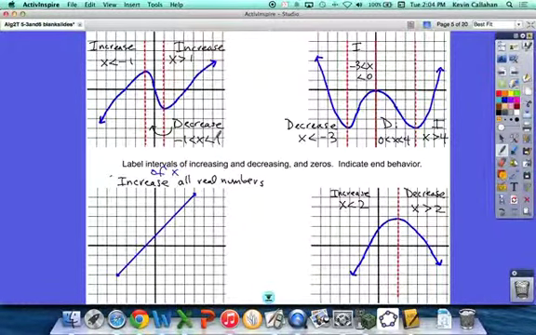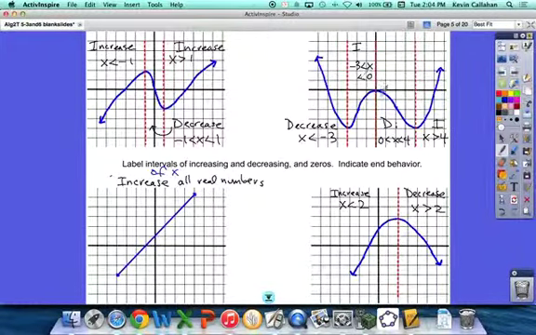This one, it was decreasing from this end of the graph until it got to, looks like, -3. So you say decreasing for x less than -3. It's increasing in between -3 and what x value? 0. So you say increasing for -3 is less than x is less than 0.